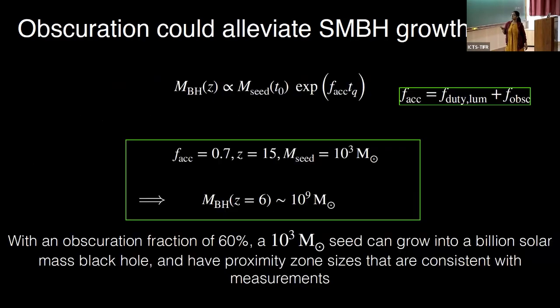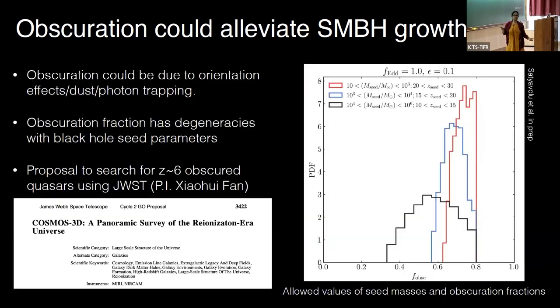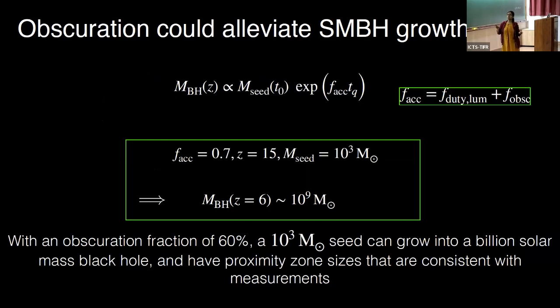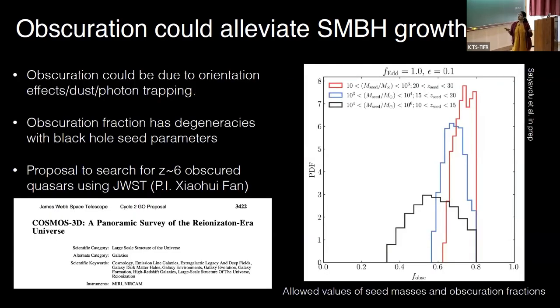So of course, this obscuration parameter has degeneracies with the black hole seed masses, as you might have already noticed. And so this plot here shows how the obscuration fractions change with the assumed model for seed masses. But if one is able to measure the obscuration fraction, then one can break this degeneracy and put constraints on black hole seeds and therefore the black hole growth.